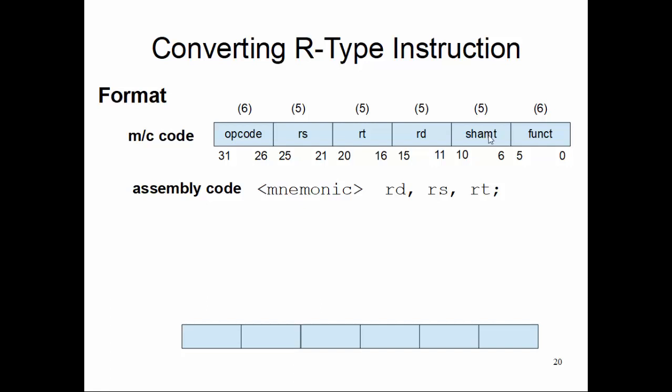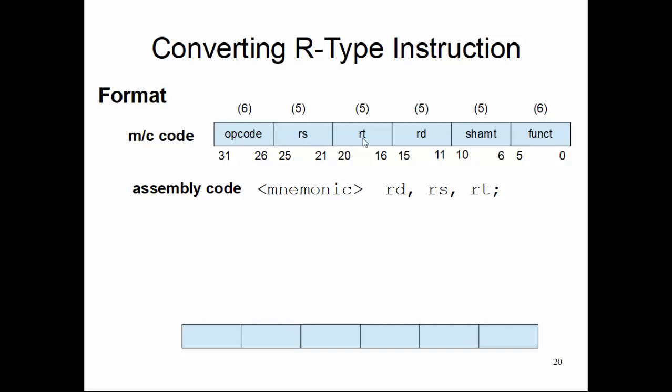And then we have 5 bits for RD, register D, 5 bits for register T, 5 bits for register S, and 6 bits at the higher side, the MSB side, for the opcode.